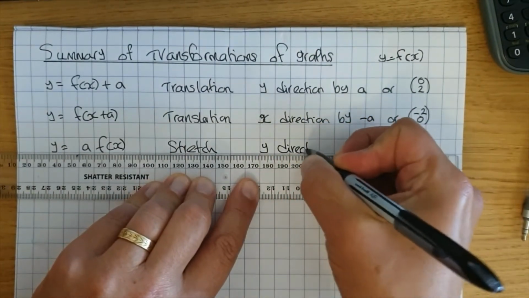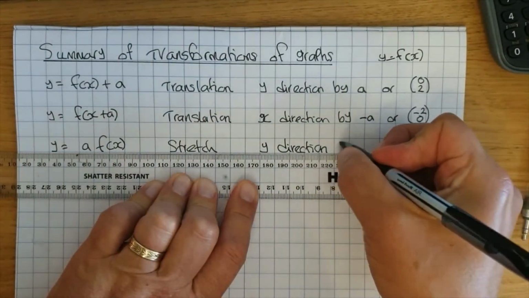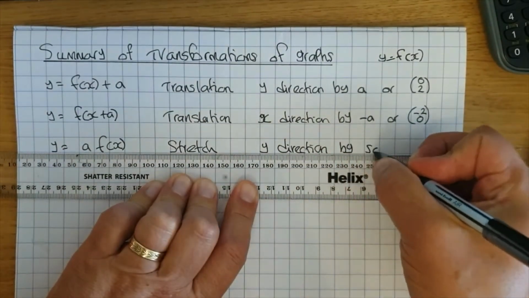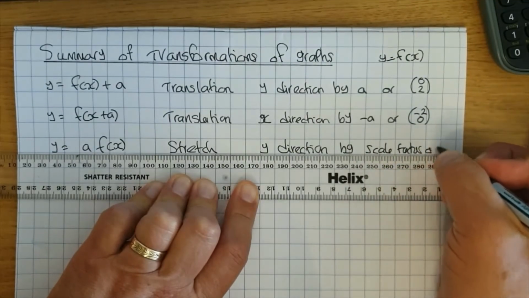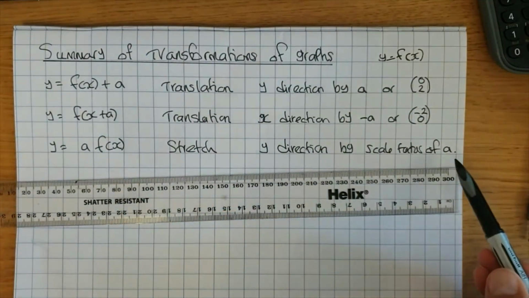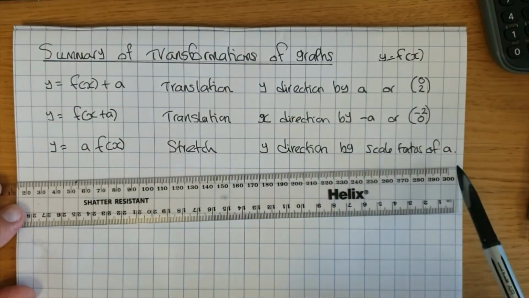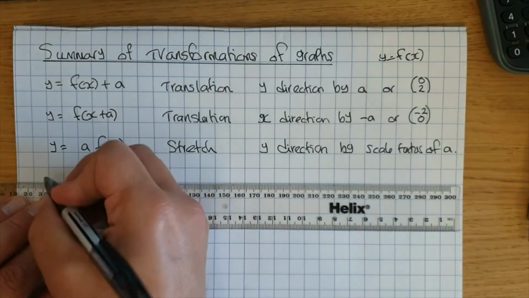We know it's in the y direction because the a is outside of the function. It's by a scale factor of a. So it does what we expect. It's in the y direction and it's a scale factor of a. It's exactly what we expect because we're multiplying by it.